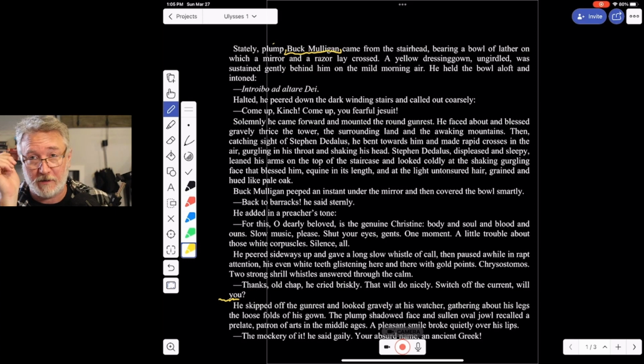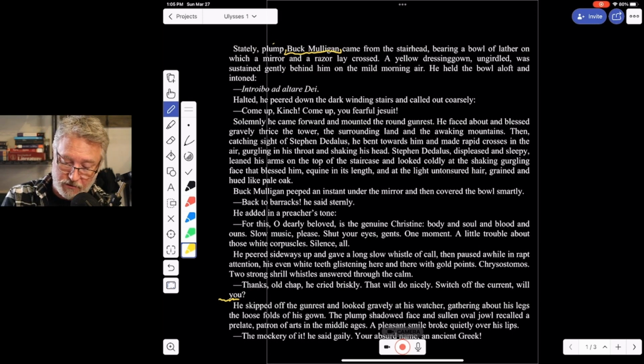Now, this is where a lot of people would say you need to have read Portrait before you read this, because you would understand that Stephen Daedalus is who he's talking to, and Kench is a little nickname he gives him. But you will shortly figure this out, whether you have the background or not of reading A Portrait of the Artist.